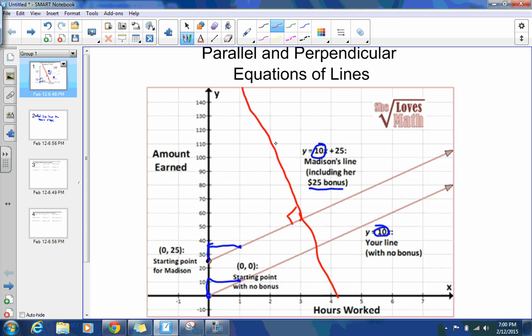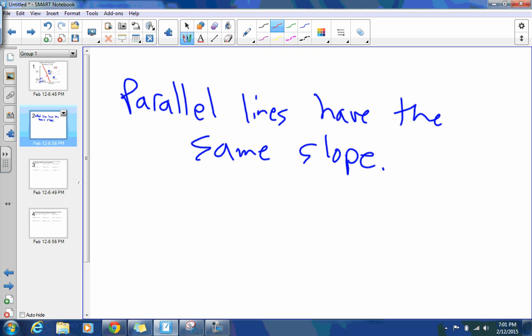And when you go down 1, it looks like you go over quite a bit. And so the slope would be the reciprocal of 10 over 1, which would actually be 1 over 10. That's not something you can see exactly from the slope, but you can see that it's the opposite, which would be negative.